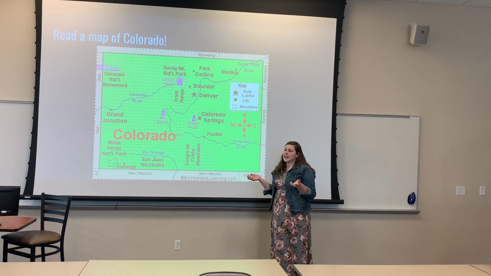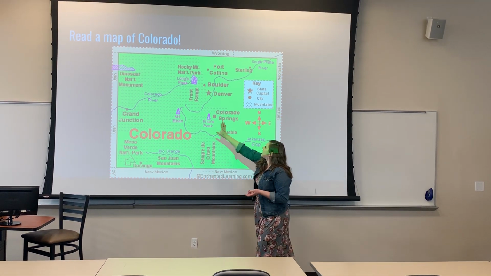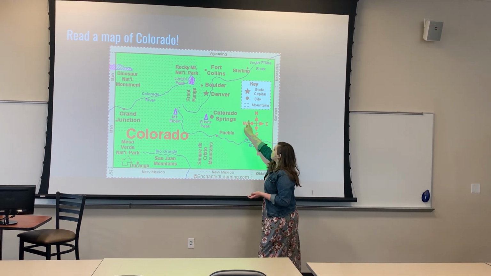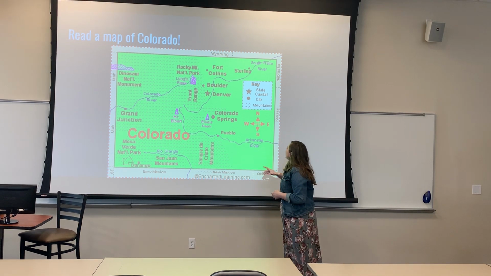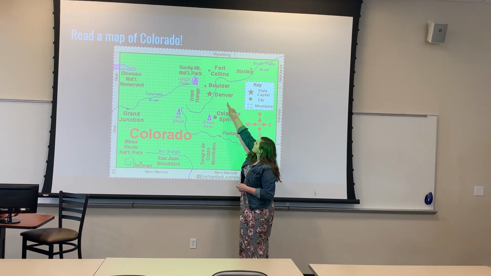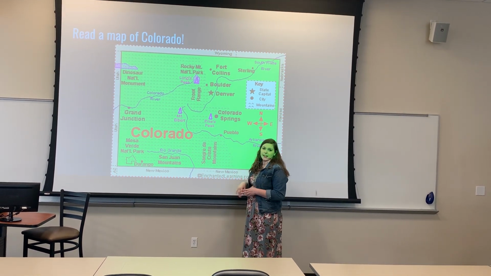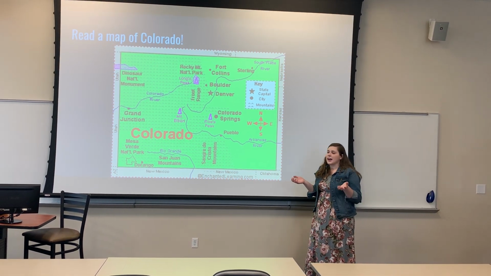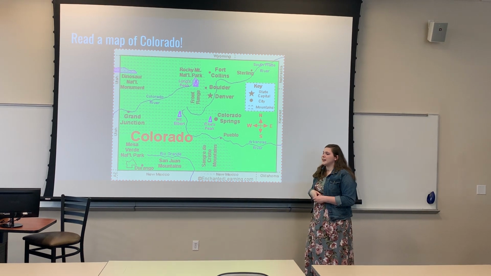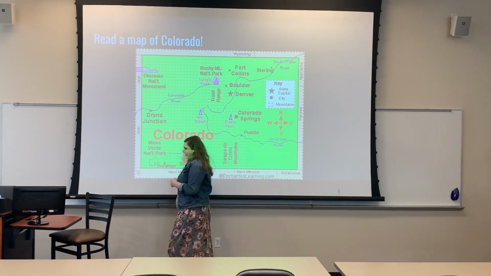So we can know, okay, the mountains in Colorado are located to the west. So they're on this west part of the map. Okay, Denver is going to be north of Colorado Springs here. So the compass is a way to show us where things are located on the map, and it's helpful to see that.